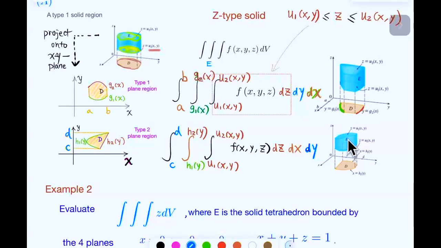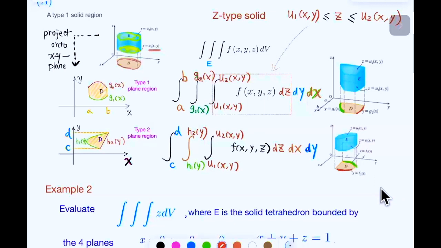So z is bounded below by U1, bounded above by U2, and the x is bounded on the left by this, bounded on the right by this, like that. So this one here is a D-type, but then this region on the xy plane is a type 2, like that. Okay.